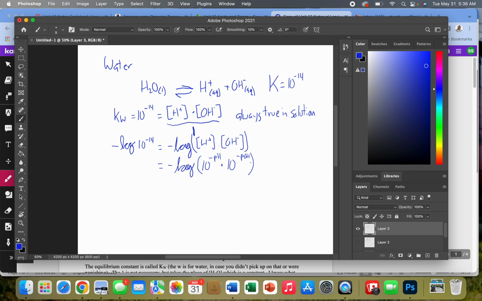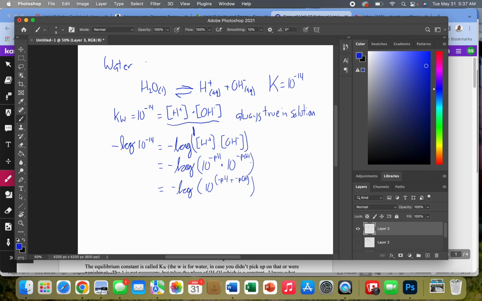And the funny thing is that when you multiply exponents of the same base, that's the same thing as saying the negative log of 10 to the negative pH plus negative pOH. So we can do something like that.